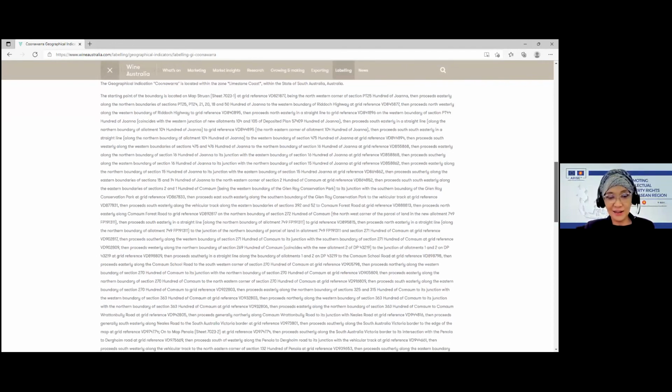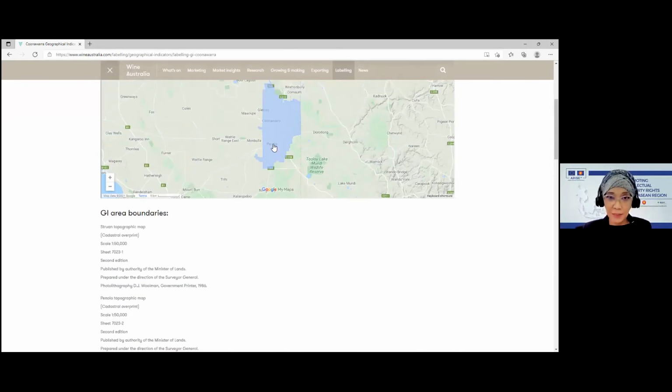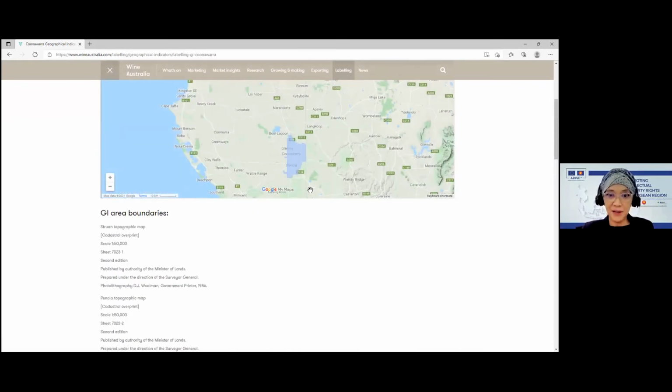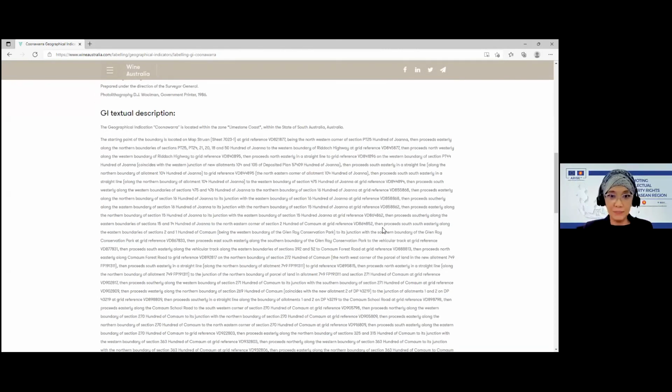Because of the history, there was a conflict between the producers regarding how to draw the map. So they ended up with this map, the wider map, with these details about the map.